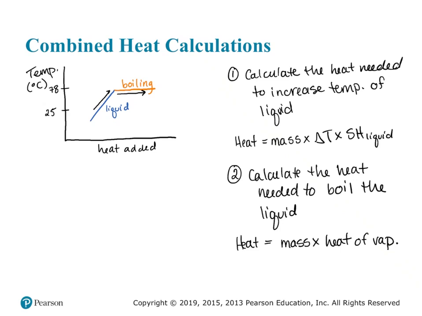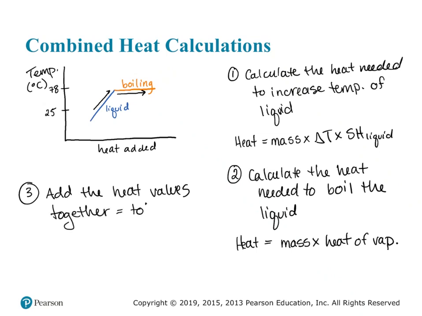Now, at the very end, we have one last step, step 3. Add the heat values together, which will equal the total heat. All right, so let's just plug in what we know and we'll solve for the heat values here.